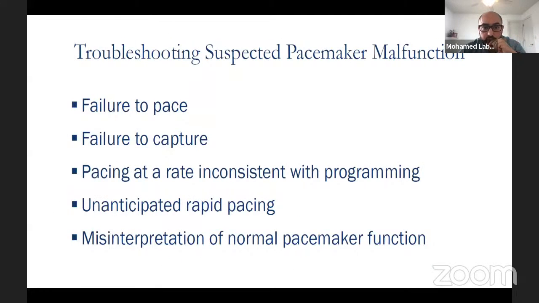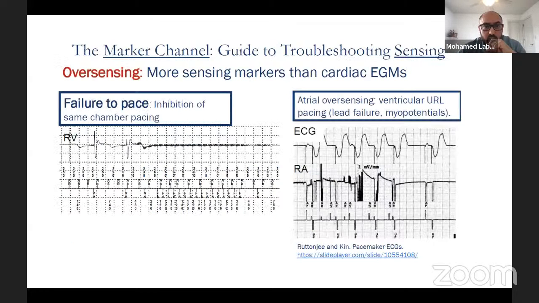Let's go over troubleshooting some pacemaker malfunction. Number one, oversensing. So let's take this first example. I tell my fellows and students to always look at the EGMs and EKGs, and your interpretation as a physician should be based on that, and what the device thinks is what you see on the tracing.